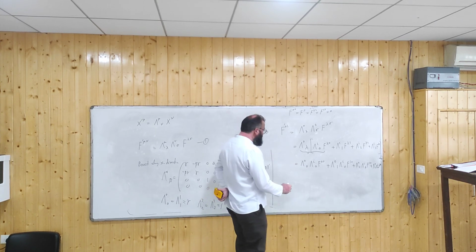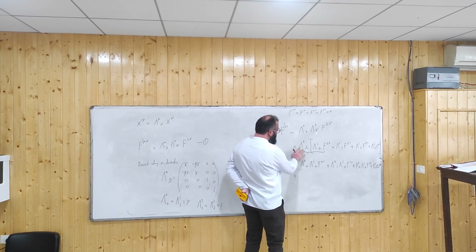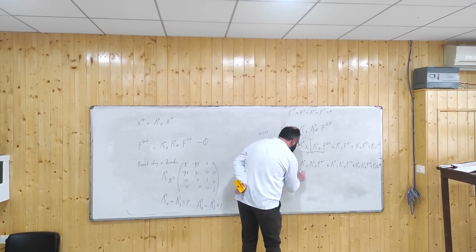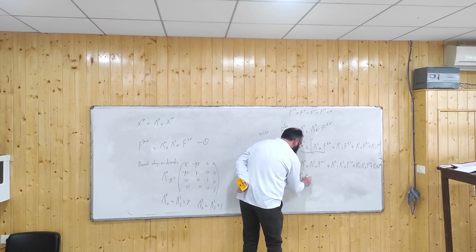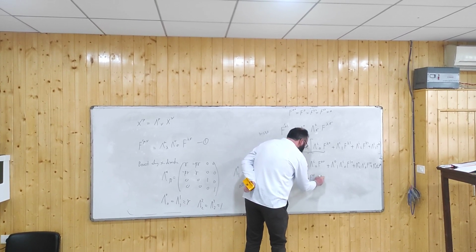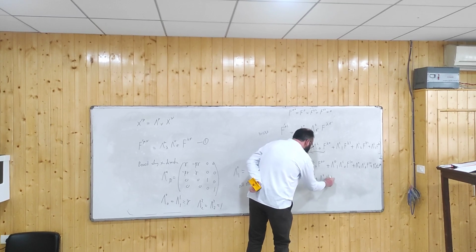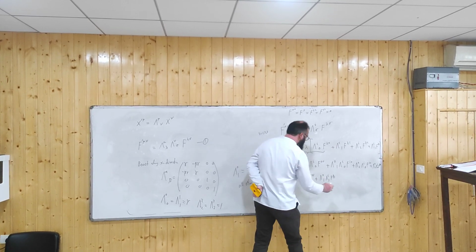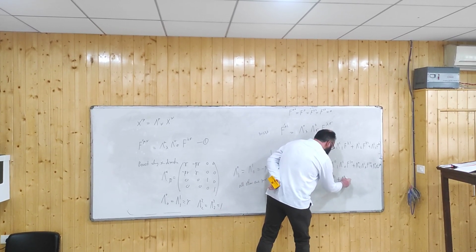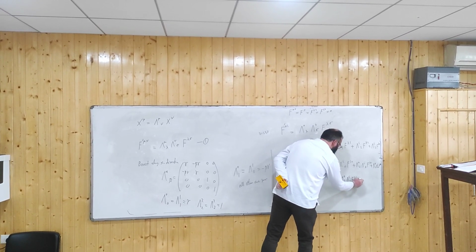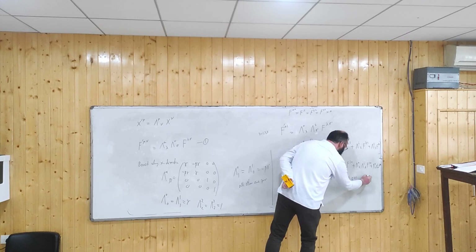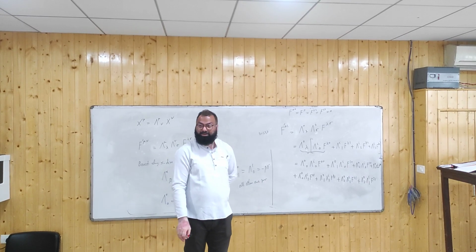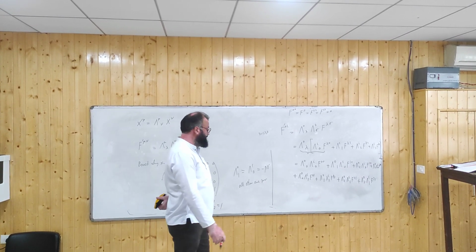Then, let's take the next term. So sum over lambda: lambda 0 0, lambda i 1, f0 1, plus lambda 0 1, lambda i 1, f1 1, plus lambda 0 2, lambda i 1, f2 1, plus lambda 0 3, lambda i 1, f3 1. Clear? You people are following it? Good.